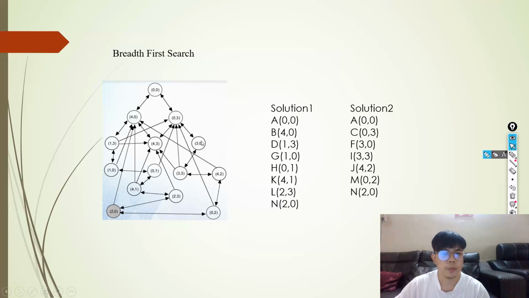Next, we pour the X bucket into the Y bucket, so it will be (0, 3). The X bucket is empty. Next, we fill up the X bucket again, so it will be (3, 3).